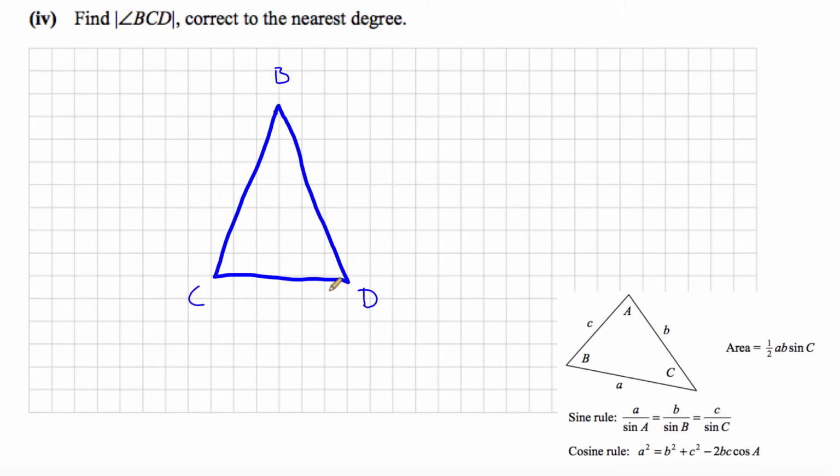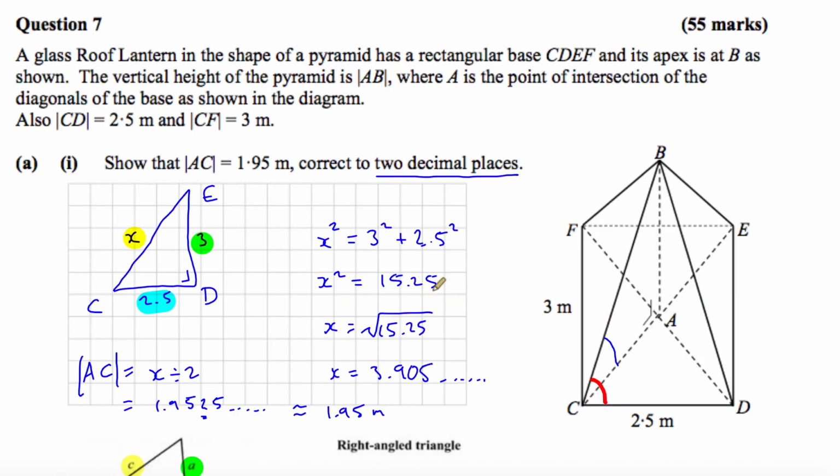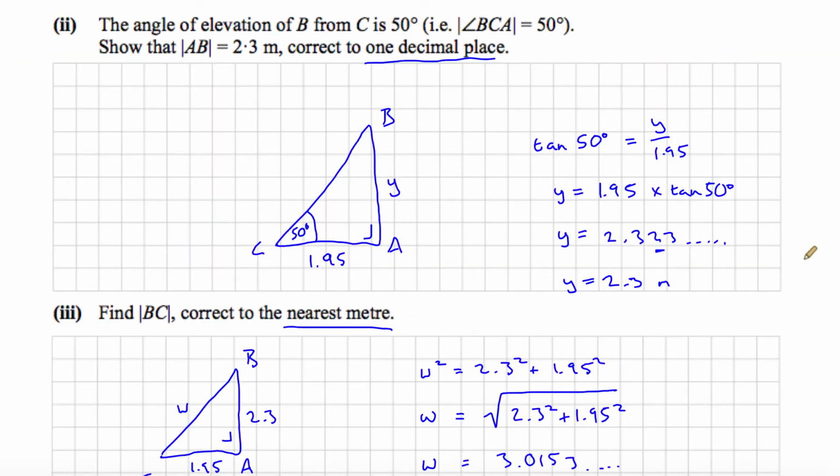Okay, so we know that if we go back here, CD is 2.5 and BC we just worked out was 3.